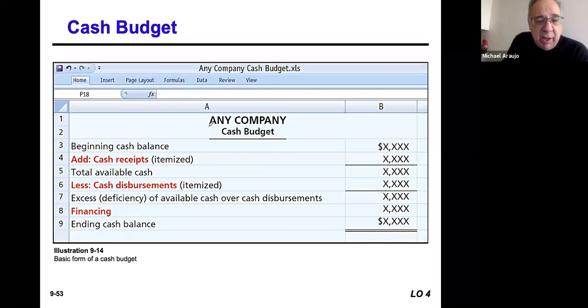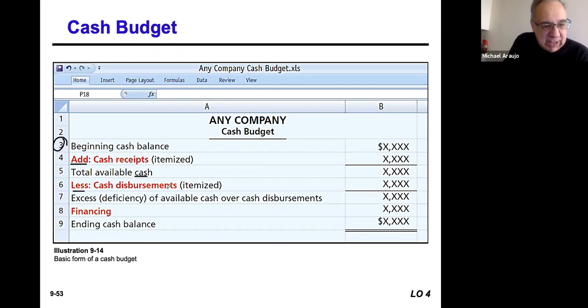So here we're looking at any company's cash budget. Again, it starts with the beginning amount of cash, so what they start the period with. They're going to add what they think they're going to be collecting in receipts, and we're going to be looking at that in more detail. That gives them the total cash that they have available. They're going to take away the amount of disbursements, which is the payments.